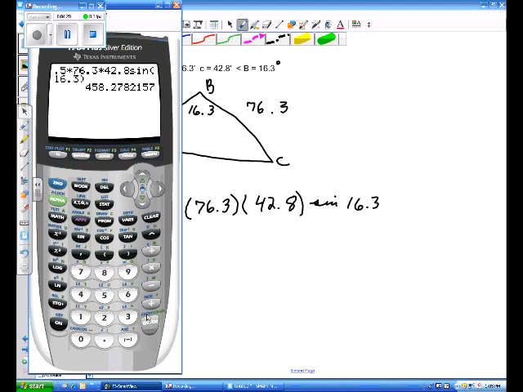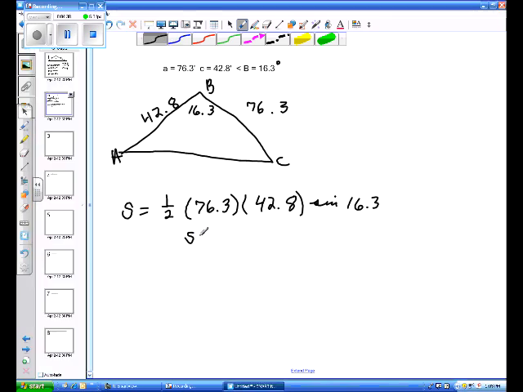And so our area would be 458 square feet. So that's a fairly straightforward and simple way of finding the area given two sides and the included angle.